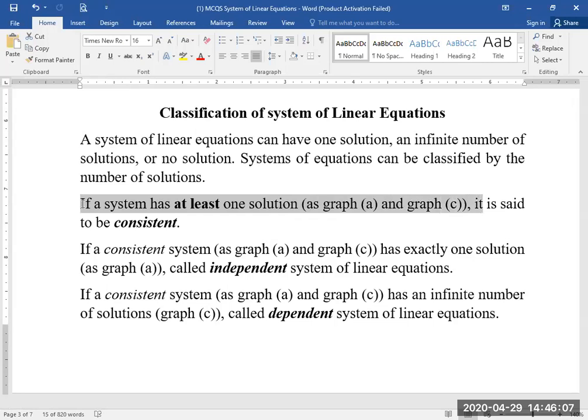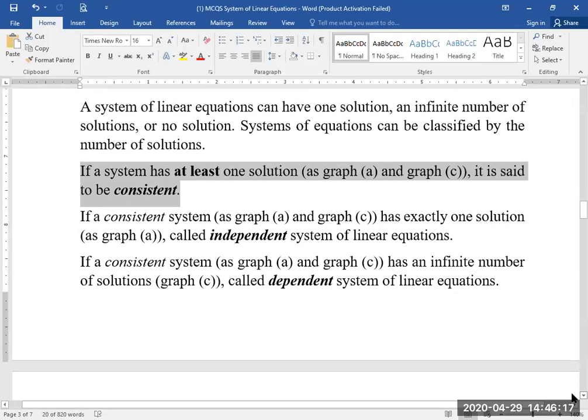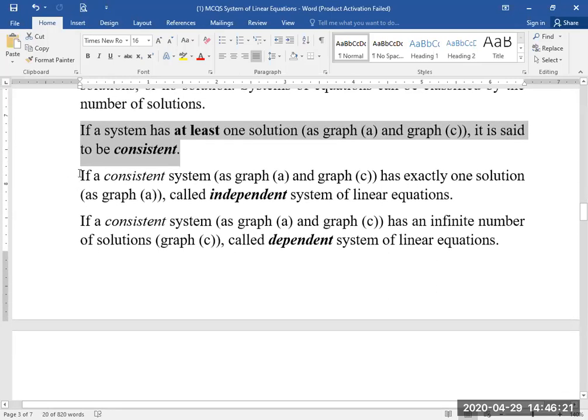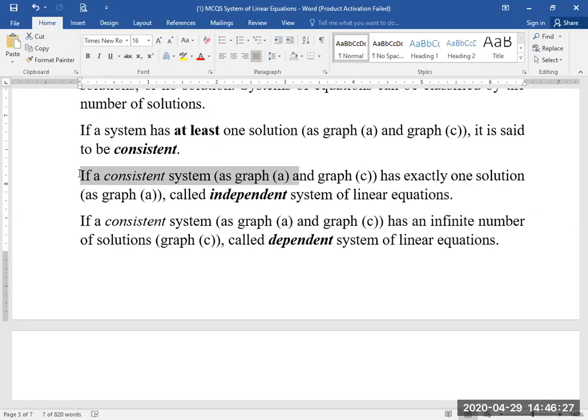From graph A to C, it is said to be consistent. If the equations have one solution or infinitely many solutions, then we say the system is consistent. A consistent system means a system where a solution exists.